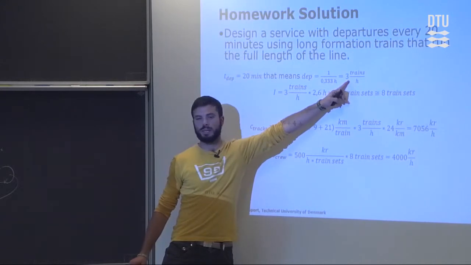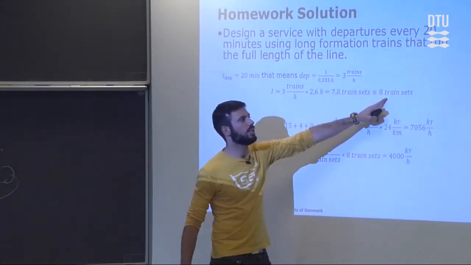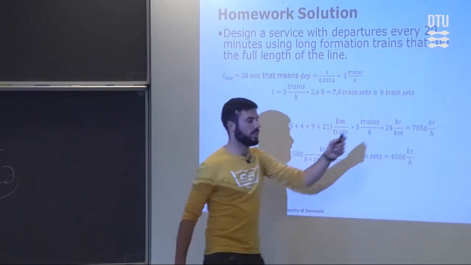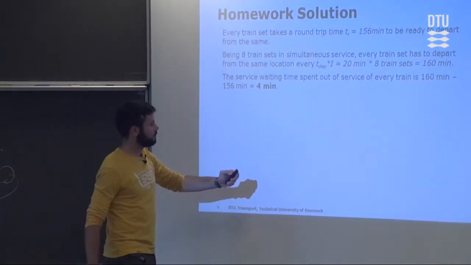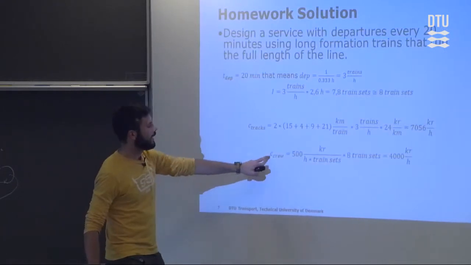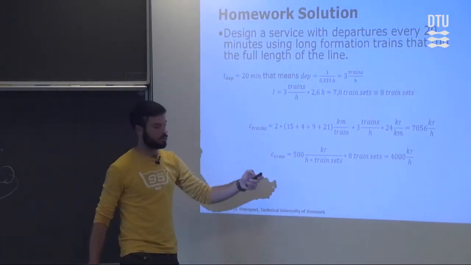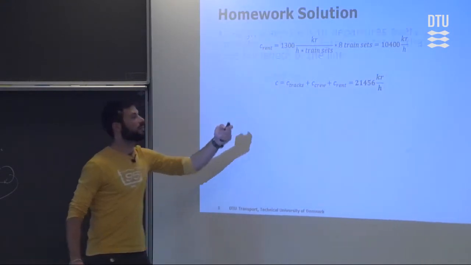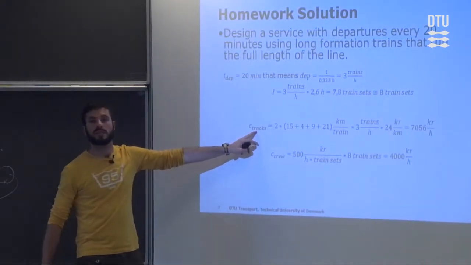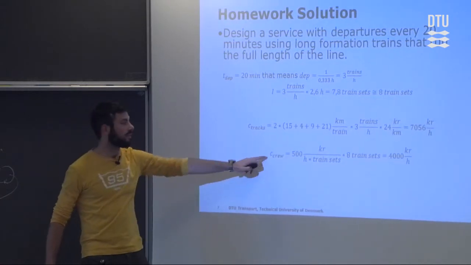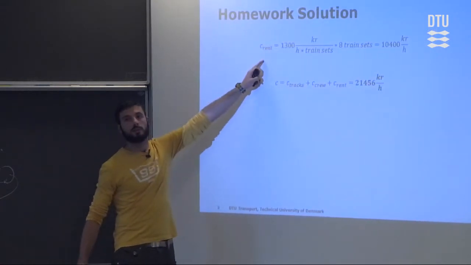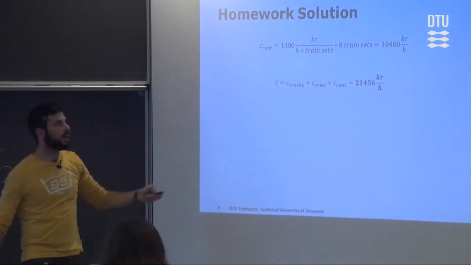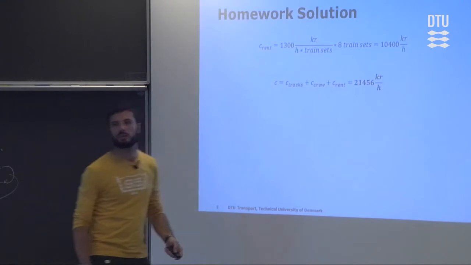But to make this service, we need 8 train sets running simultaneously. That means we need 8 crews, and to run 8 trains. That's why the track is multiplied by the number of services we have in an hour, and the crew and the rent are multiplied by the number of rolling stock that we have. And this was over 20,000 kronas per hour.